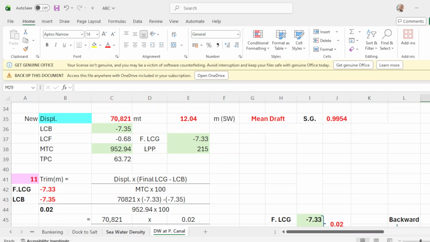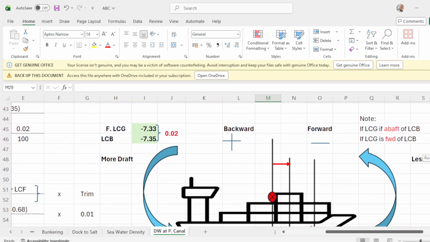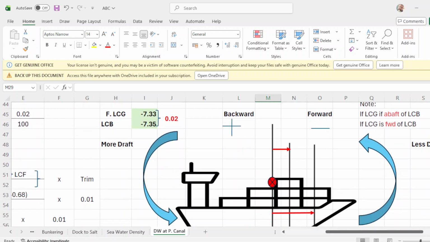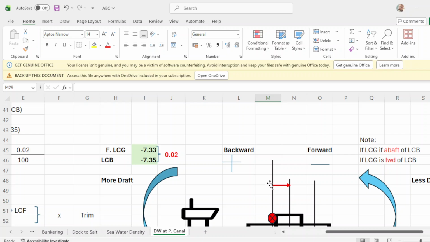Since they are both negative, the point of measurement is from your midship. If measured from midship going forward, then the sign will be negative, and from midship going backward, that will be positive.